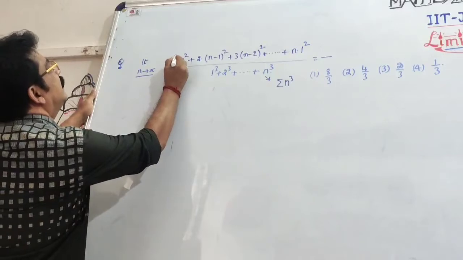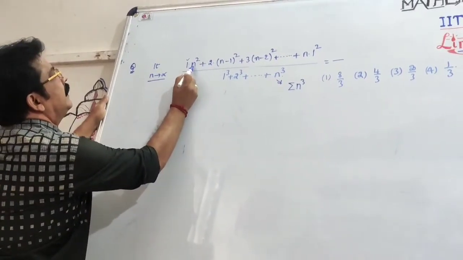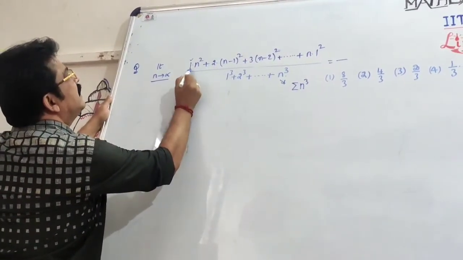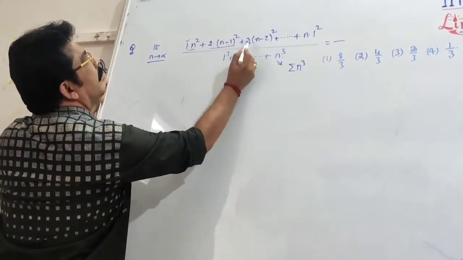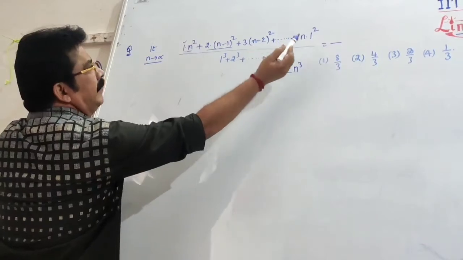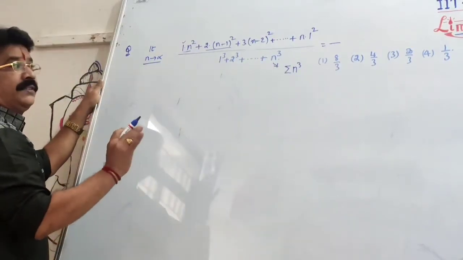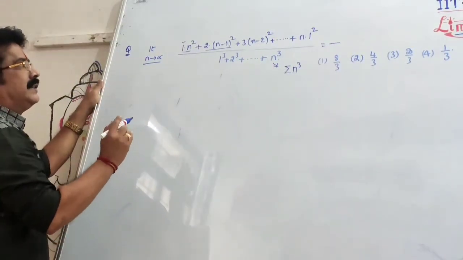First factor, this is the first factor, this is the second factor in the first term. This is the second term, first factor, second factor. First factor, second factor will be like that. Okay, first let us consider the first factors.